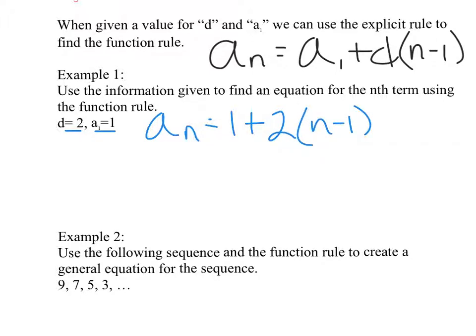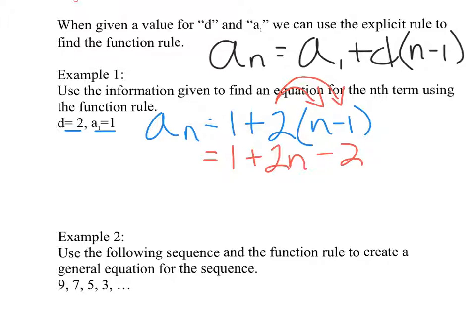Then, in order to change it to our function rule, we have to distribute this 2. So we multiply 2 times n, which is 2n, and 2 times negative 1, which is negative 2.